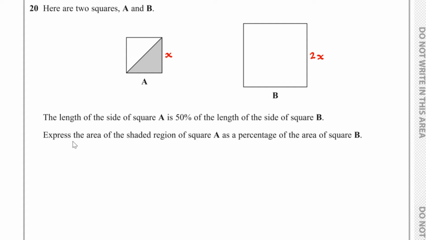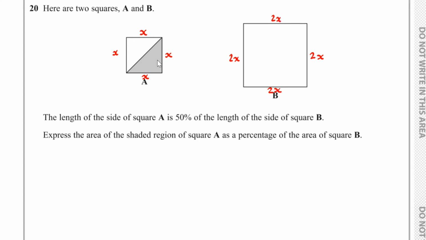And we have to express the area of the shaded region of square A as a percentage of the area of square B. Well, because we have a square, each side has the same length. So for the small square A, each length is x. For the big square B, each length is 2x.